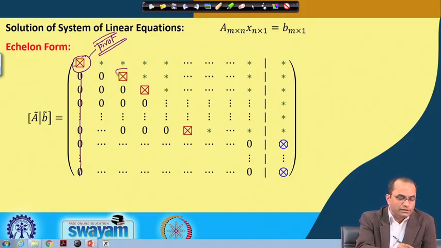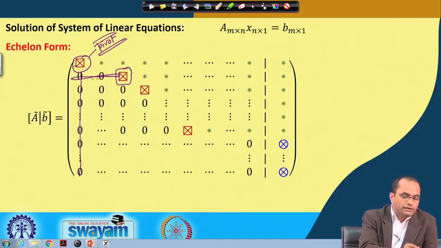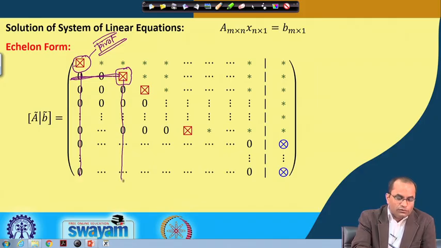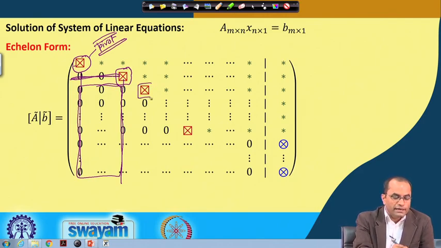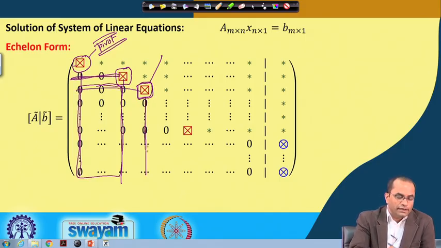For instance, this one here is the pivot element because all the elements to the left are 0, and here also all the elements are 0, and in this submatrix everything is 0. So, this we call the pivot element. Again, in this echelon form, this element will be called pivot because everything here is 0, and in this submatrix everything is 0.